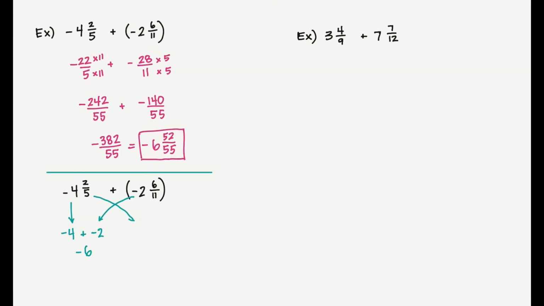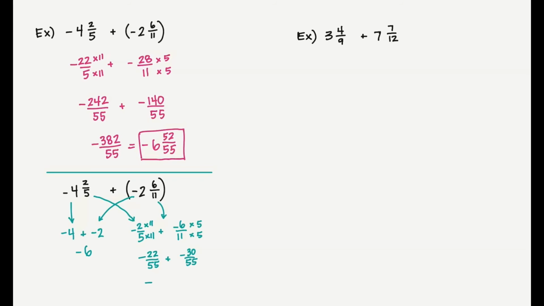And then I have -2/5 plus -6/11. All right, the denominators are 5 and 11. So I'm going to multiply the first one by 11 and the second one by 5. And then I have negative 22 over 55 plus negative 30 over 55.